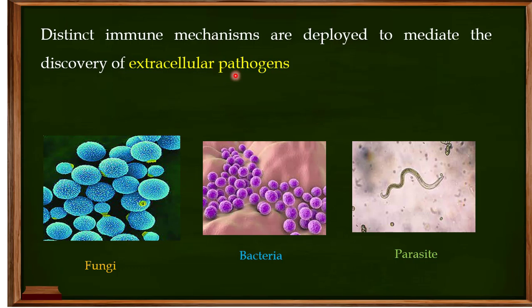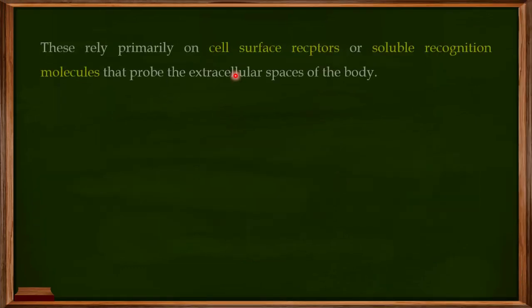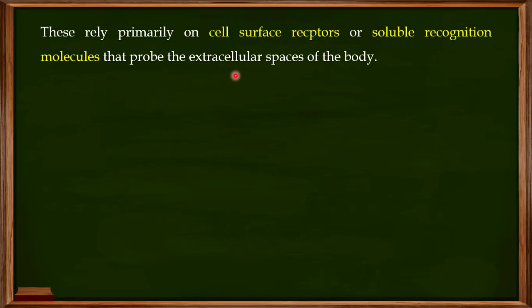Now, how to deal with these extracellular pathogens? The immune response against them primarily relies on cell surface receptors or soluble recognition molecules. If you remember, I told you that the host produces different kinds of molecules that help it recognize pathogens in the body.